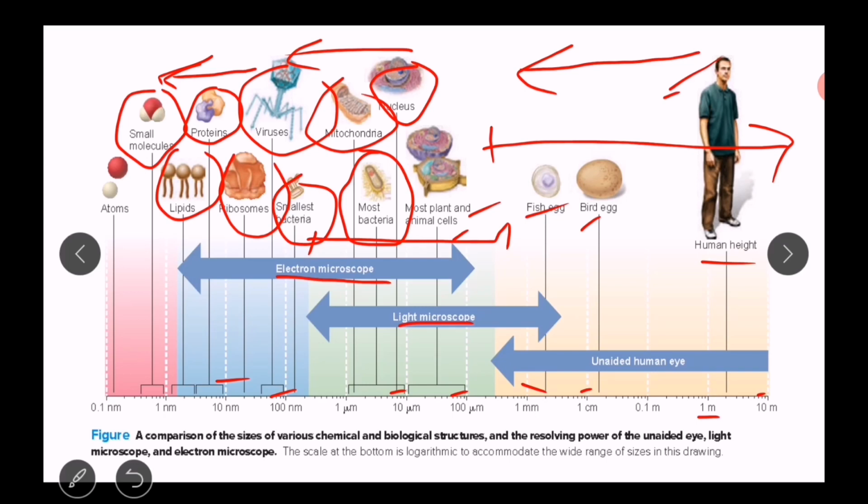And more smaller than these molecules are the atoms. We have come to the atomic size now, very small, at the angstrom level of size. But in this video we are concerned with the cells, so we'll stick to the micrometer level, 10 micrometer to 100 micrometer, most plant and animal cells.